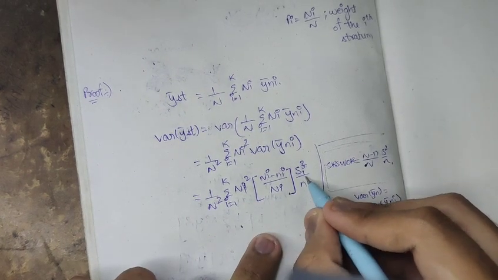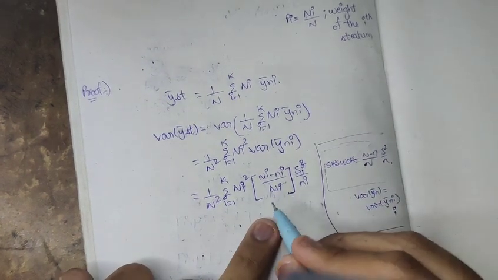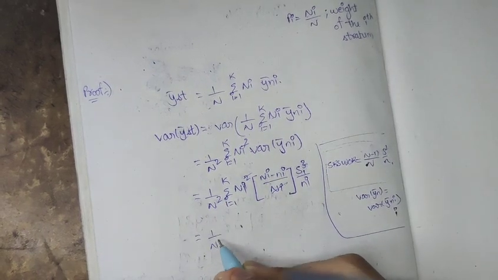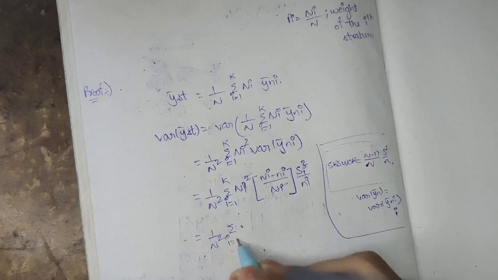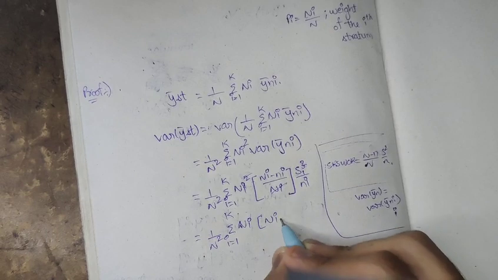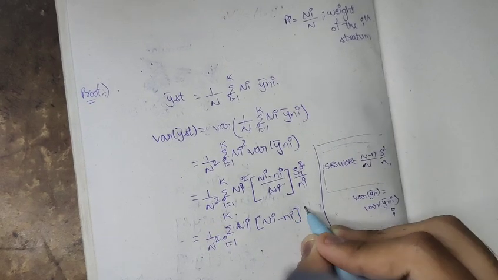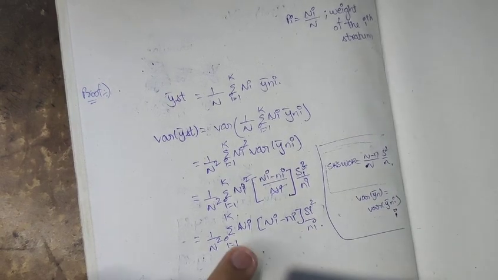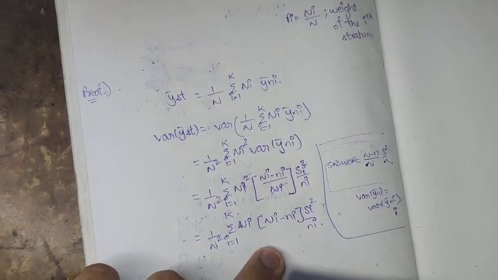We can cancel this N_i and this one square here, leaving 1/N² summation from i = 1 to k of N_i(N_i − n_i) S_i²/n_i.